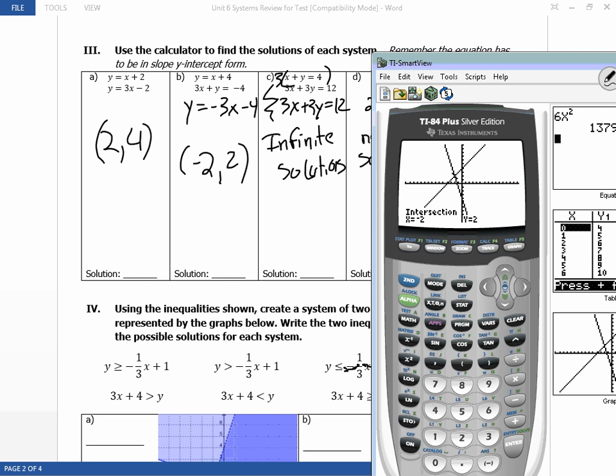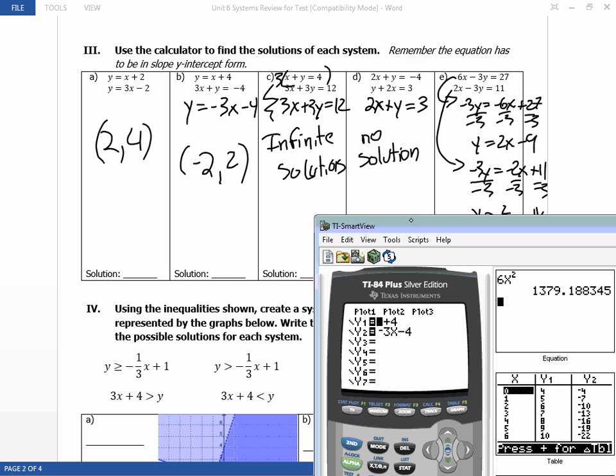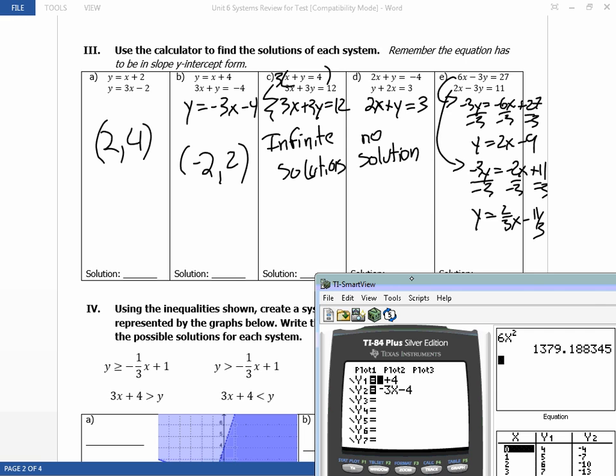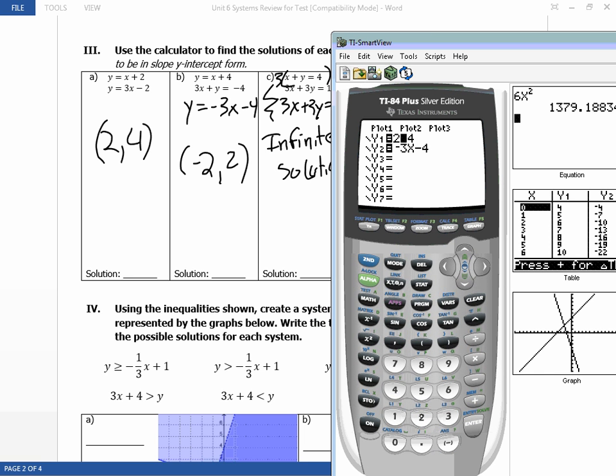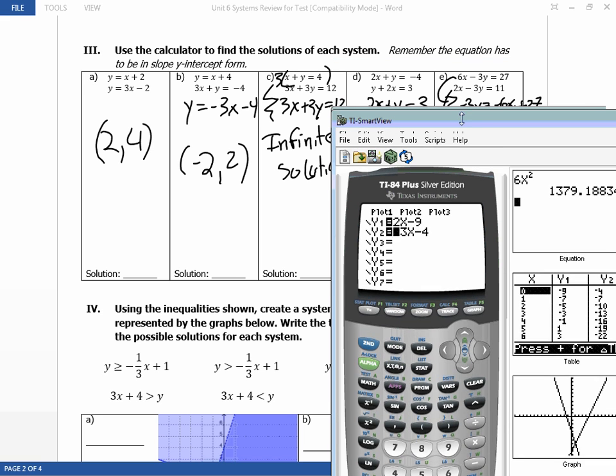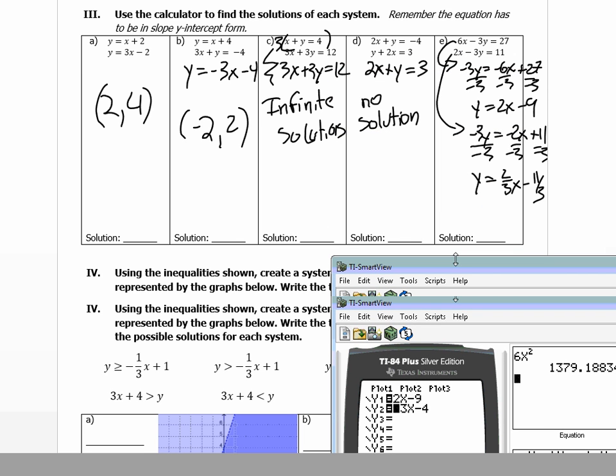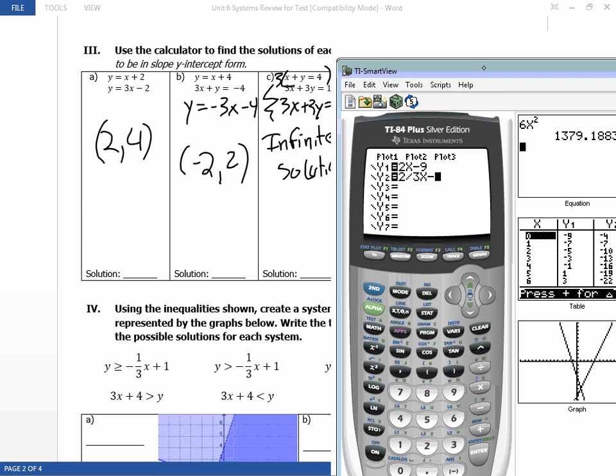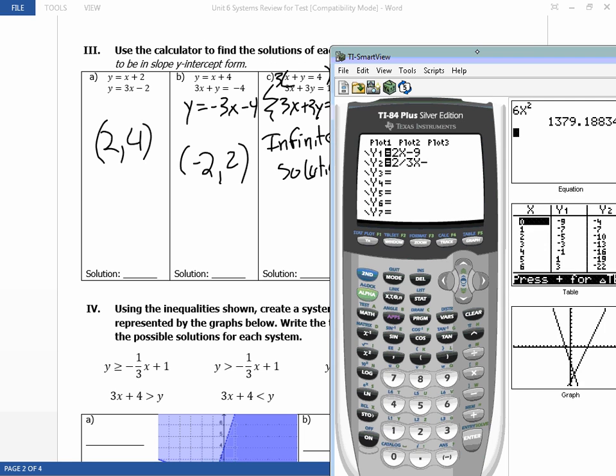So, whoops, I need to be able to see what I just wrote though. Y equals 2x minus 9. And y equals 2/3 x minus 11/3.